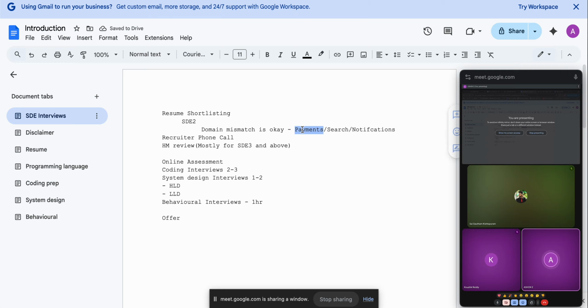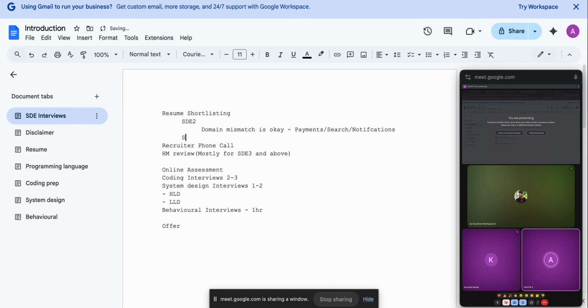So these are specific domains which need domain specific knowledge. Say when we say payments or notifications, you need to understand the technologies under the hood. For example, for payments, you need to understand the compliances associated with it, and the security related features associated with it. So this domain level knowledge, they may not expect a lot for SD2. But if they find some profile which has a relevant background, they'll give priority to that profile, right?